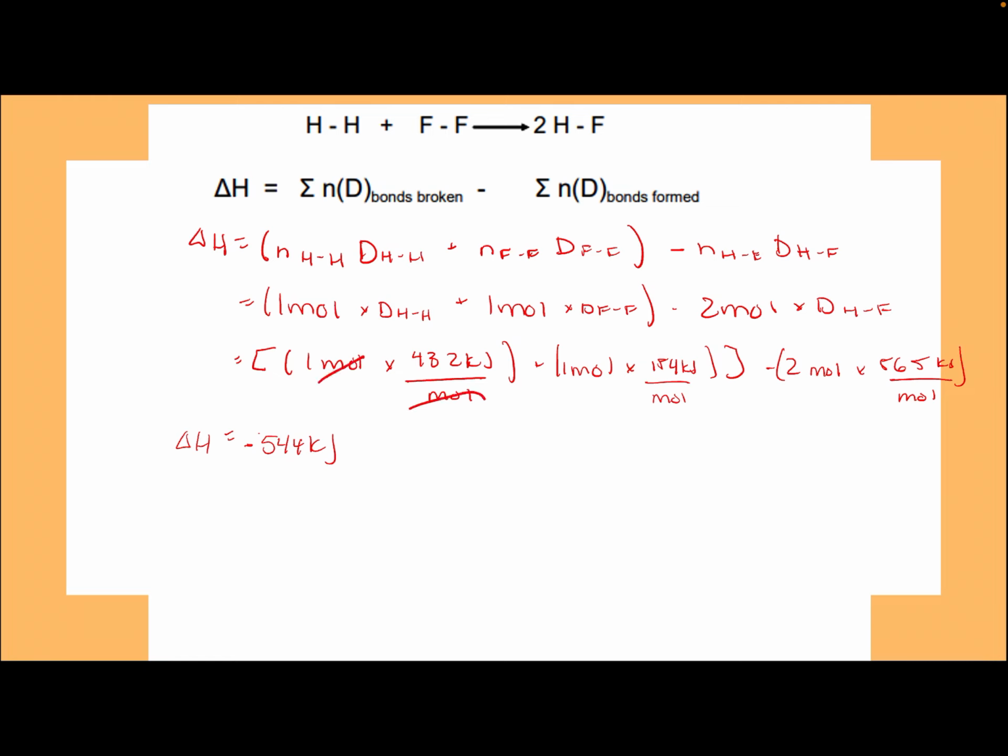Why is it not per mole? Because the moles cancel each other out. So therefore, it releases 544 kilojoules of energy. Therefore, the enthalpy change is negative 544 kilojoules. So therefore, we'll write this out. It releases 544 kilojoules of energy.